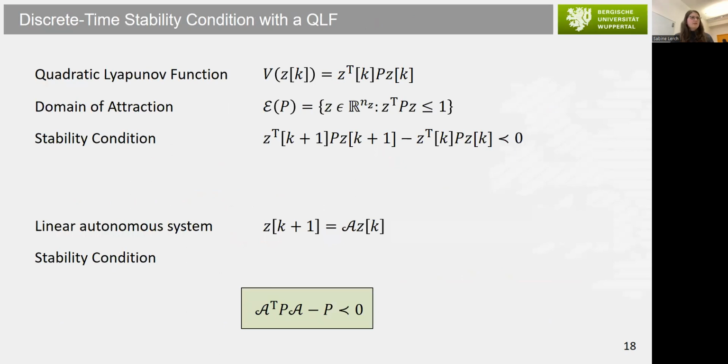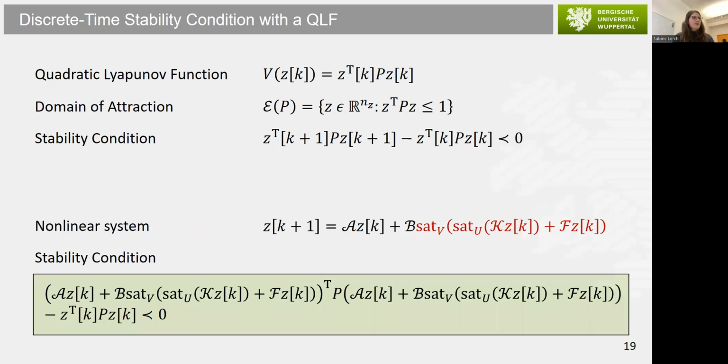In general, to ensure stability, we can use a quadratic Lyapunov function. Then we will get an ellipsoid as the guaranteed domain of attraction. And then we have to solve this stability condition. For a linear autonomous system, we can then substitute this inside the stability condition and simplify it to this condition.